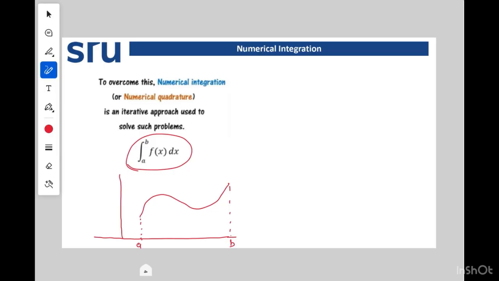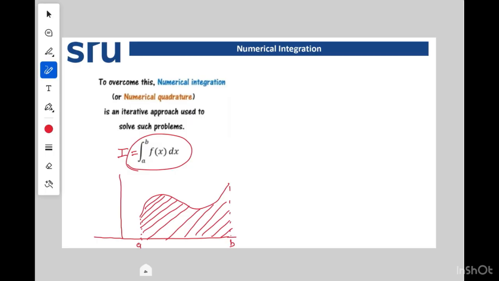This integration means the area under this curve from the interval a to b. This is the meaning of the integral I.